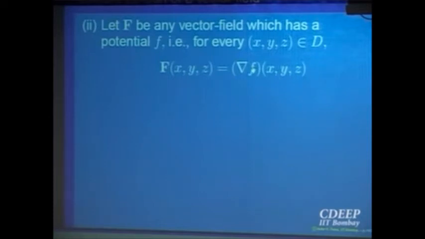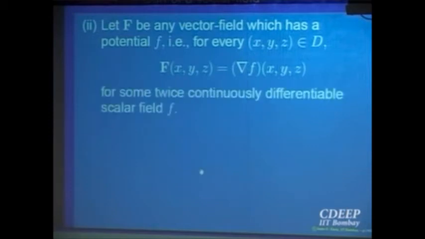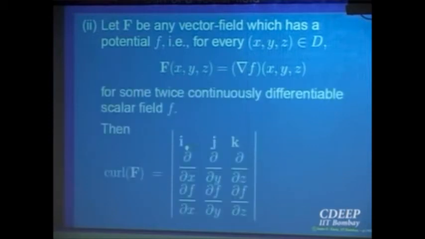So in that case, let us compute the curl of this vector field. The curl of this vector field will be given by i, j and k, the differential operators, partial derivative with respect to x, y, and z. Now what are the components of F? It is the gradient of a scalar field f. So the components are the partial derivatives of f with respect to x, y, and z.